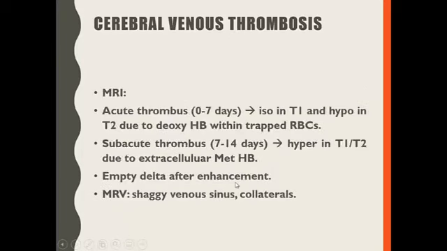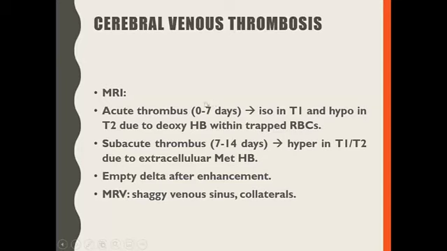On MRI, we can also see the thrombus and get a timing about it, because acute thrombus appears as iso on T1 and hypo on T2 due to the oxyhemoglobin, just like hemorrhage we talked about before. And subacute thrombus becomes hyperintense on T1 and T2 due to extracellular methemoglobin.